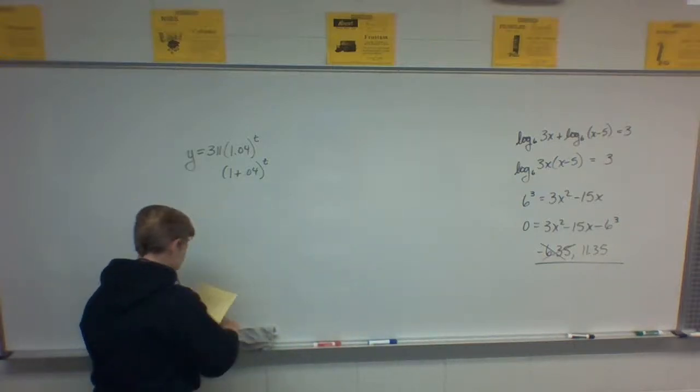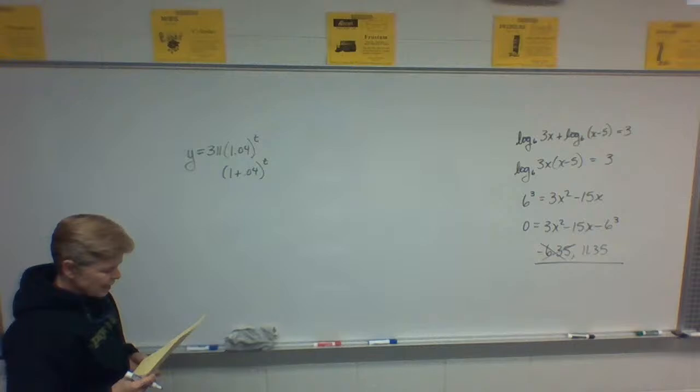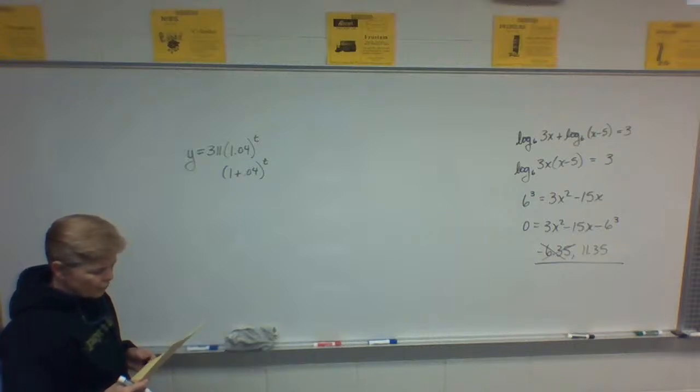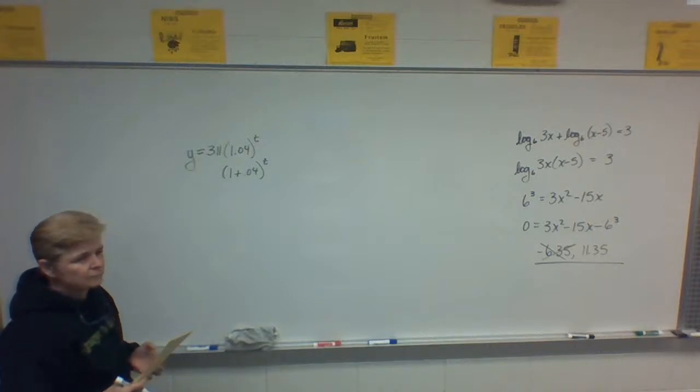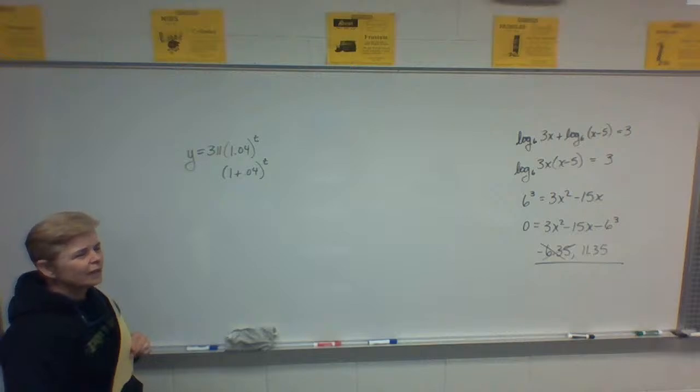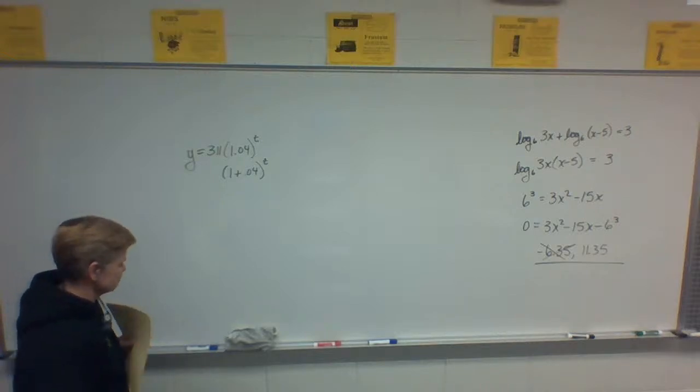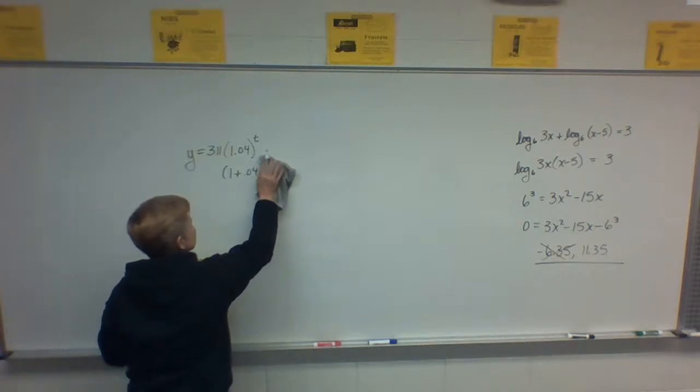This is the part they miss. And it says, estimate the year when the value of the home will be $380,000. Estimate the year when the value of the home will be $380,000. How do we handle that?